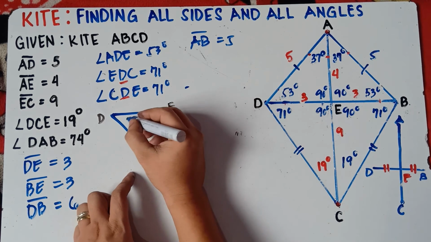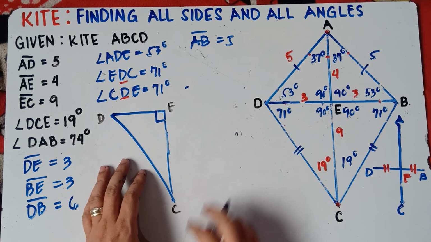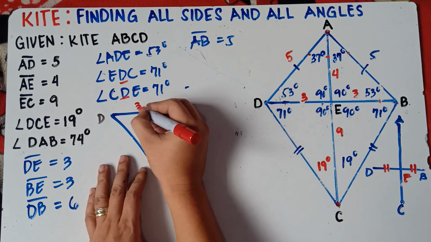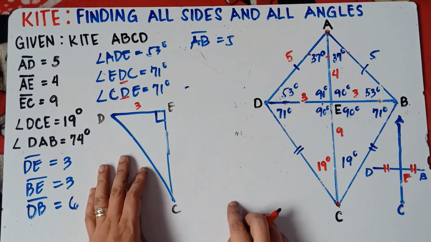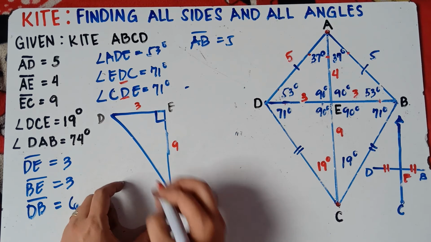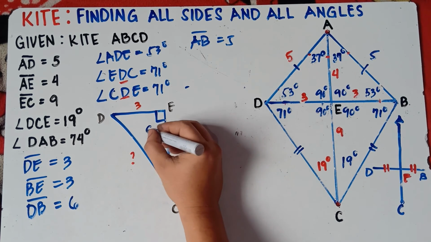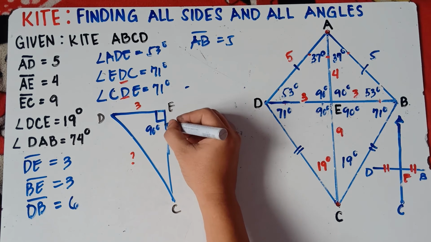And this is 71 degrees, but no need to write the angle since we need to find the sides. We are given DE, that is 3, and we have EC, that is 9. Once again, this is a 90 degree angle and this is a right triangle.